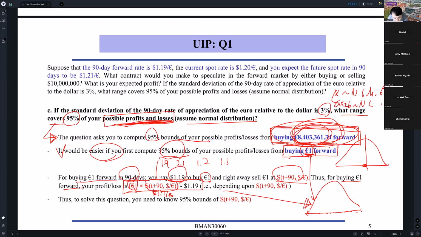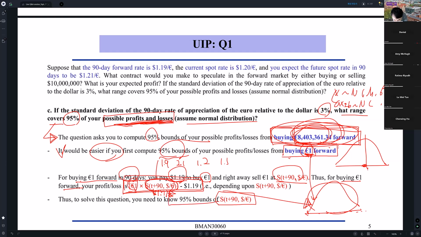You will get a distribution of this one. That distribution will be a function of this guy. If this guy has a different number, you will get a different number for the whole thing. What I'm trying to say here is, if you want to get the 95% bound of this one, you have to start from the 95% bound of this guy.